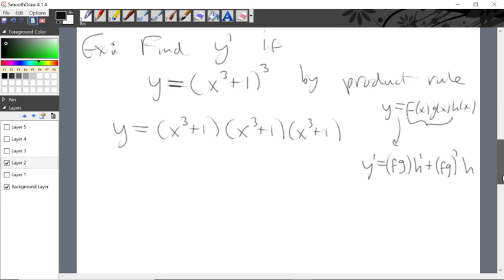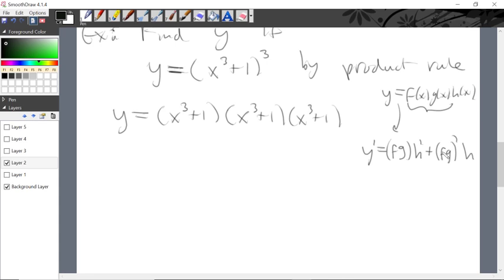But we're not done, because now we have a derivative of a product within our product rule. So we have to continue. So y prime is now equal to, okay, we'll leave it in parentheses, fg and then h prime, but then (fg) prime itself is a product rule. So that's f g prime plus f prime g, and then that's times h. So we can do a product rule within a product rule in order to deal with a product of 3 functions.